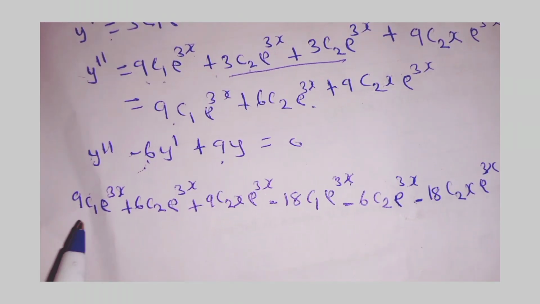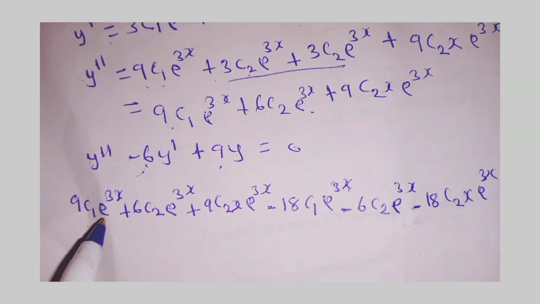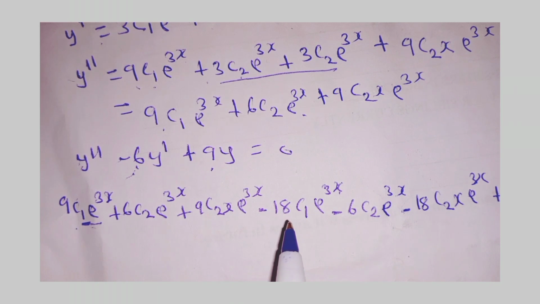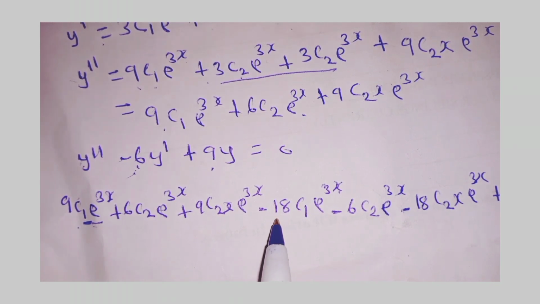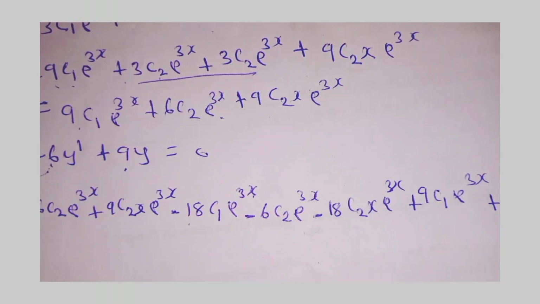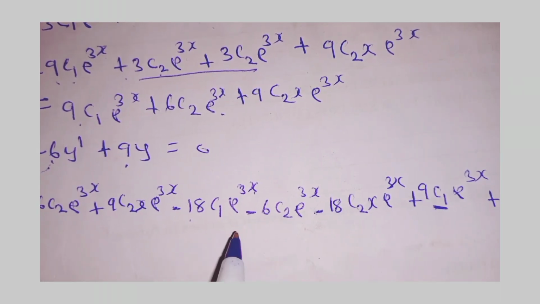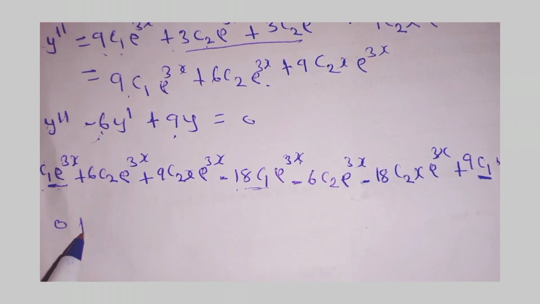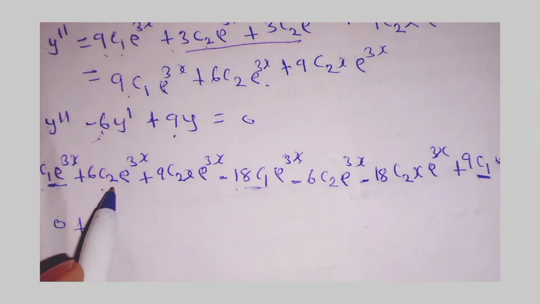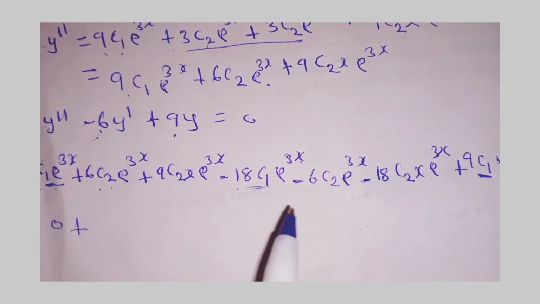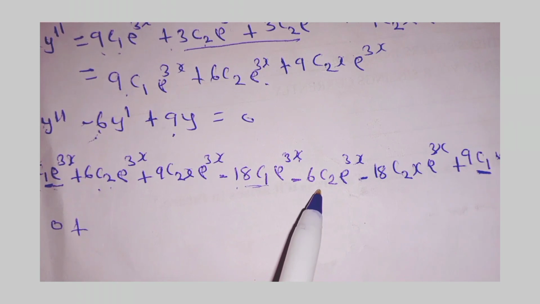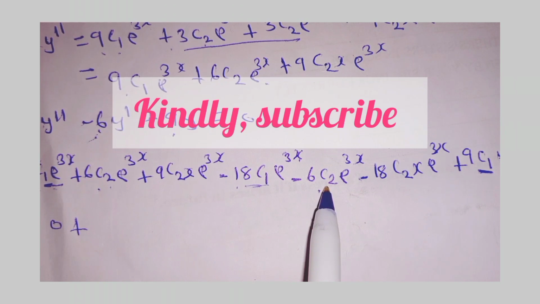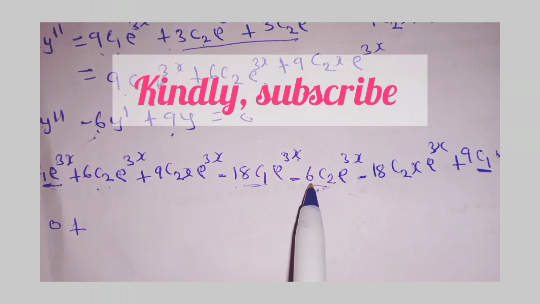So we have 9c1. We group the one with 9c1, so we have this minus 18, which will give you negative 18. Here we have another 9, which will give you 0. So the values with c1 have given us 0. Then we have 6c2, and the negative here, that one gives you 0.